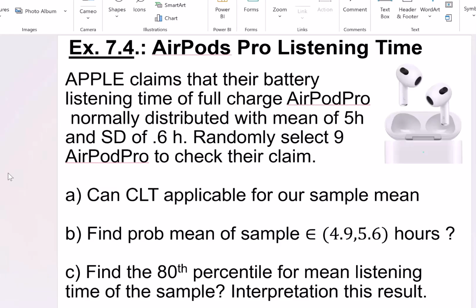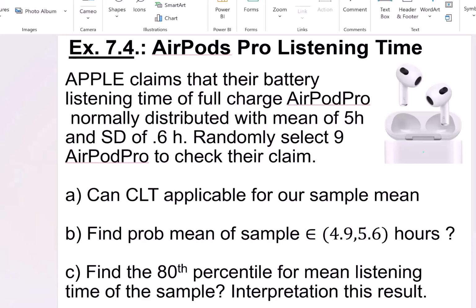You doubt this claim and randomly select 9 AirPods Pro to check it. The first question asks: can the central limit theorem be applied to our sample mean? Here we consider the mean listening time of 9 AirPods Pro, which we use to check the claim. So we need to check whether condition star is satisfied.